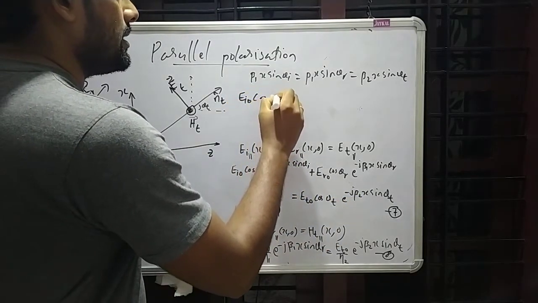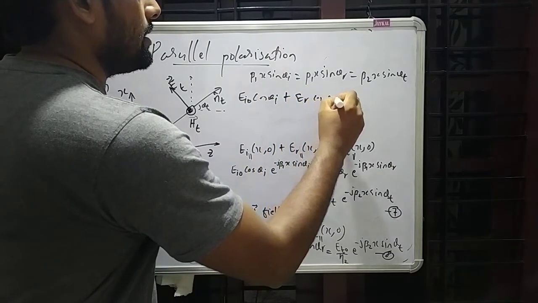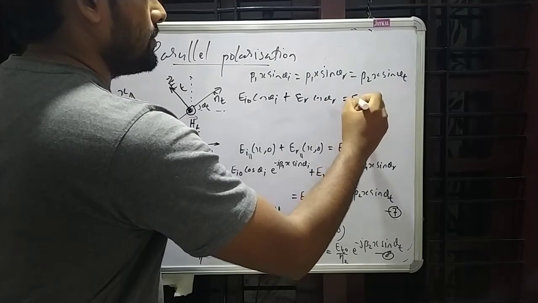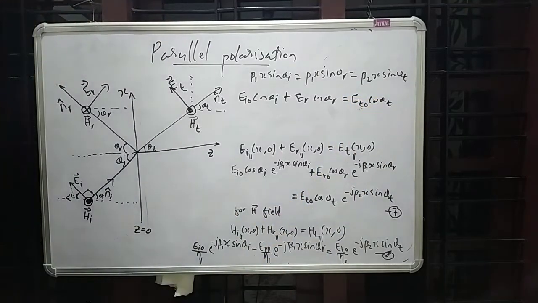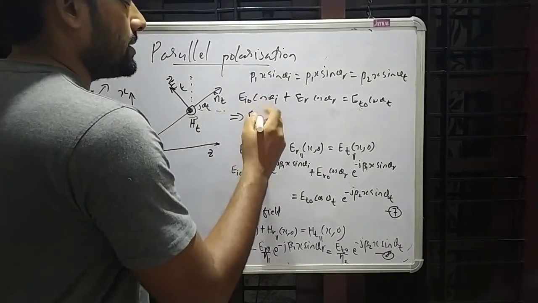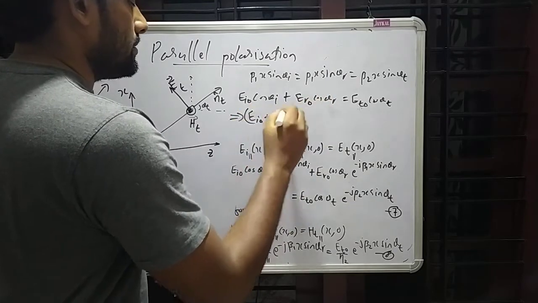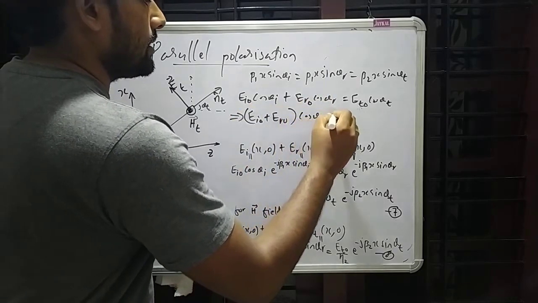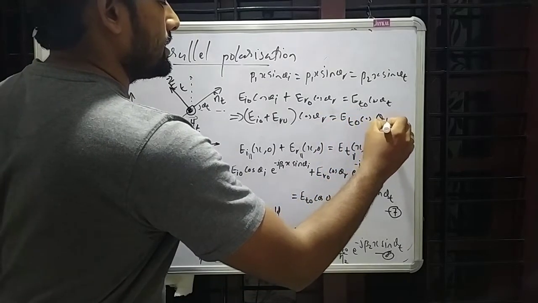EI0 cos theta I plus ER0 cos theta r is equal to ET0 cos theta t. Or this implies EI0 plus ER0 into cos theta r is equal to ET0 cos theta t.